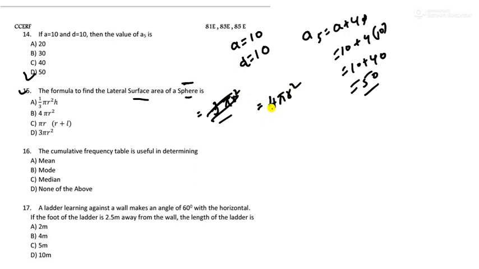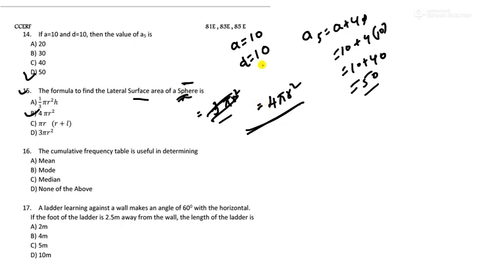The total surface area is the only one, called lateral surface area, so it is 4 pi r square only. For a hemisphere it is 2 pi r square for LSA, and for TSA it is 3 pi r square, but for a sphere it is 4 pi r square only.